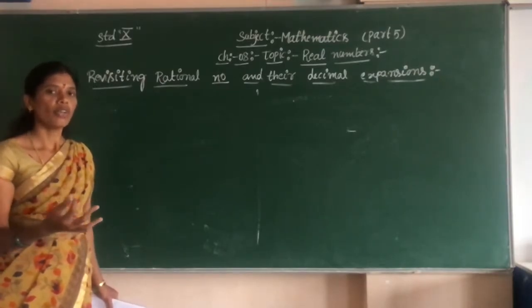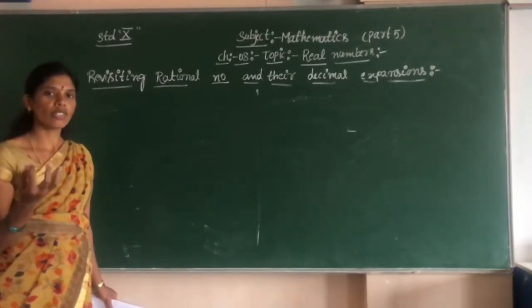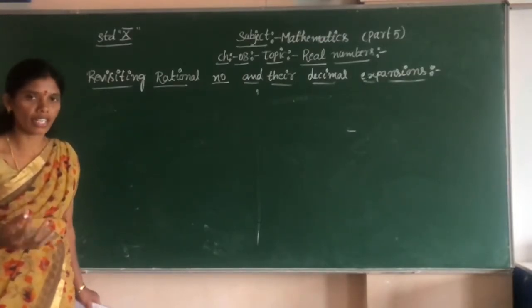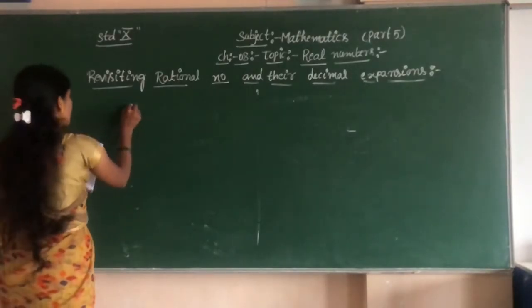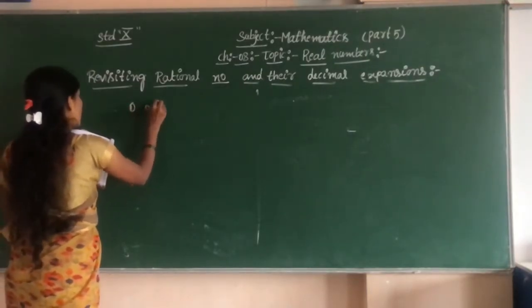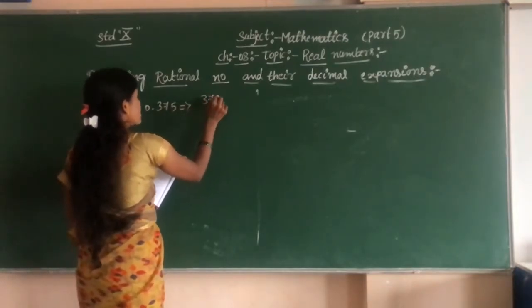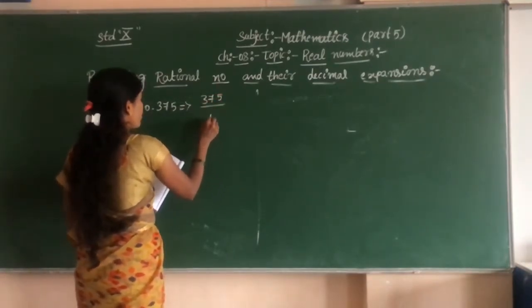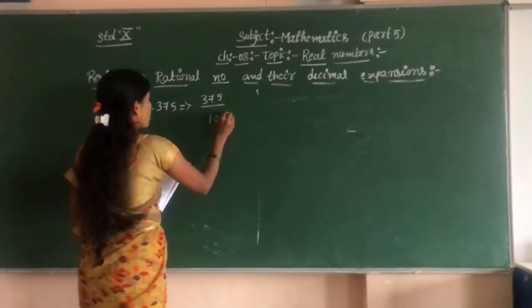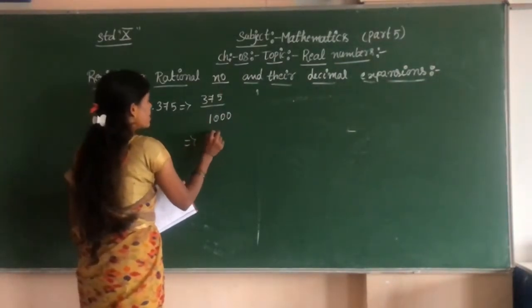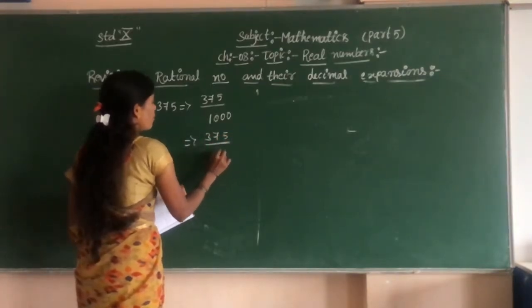Now next, where the denominator 1000 is coming, we use the prime factorization method. First, 0.375, which is 375 by 1000, that is 375 by 10 to the power of 3.